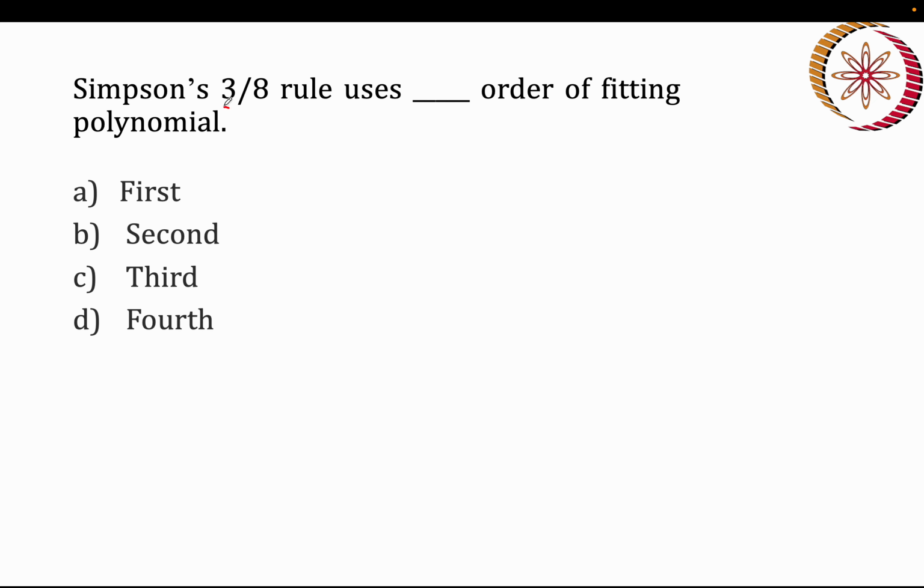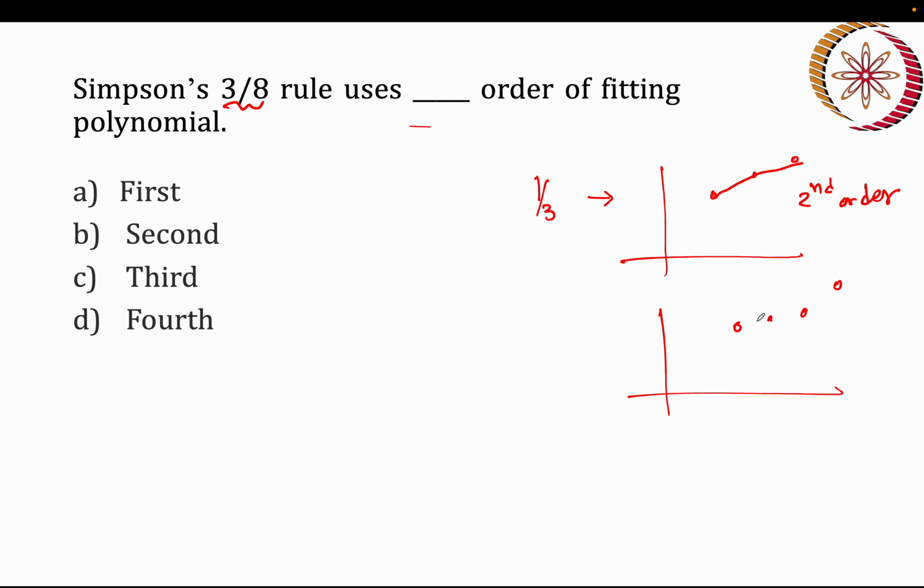Simpson's 3/8 rule uses dash order fitting of the polynomial. While deriving the one third rule, we saw that there were 3 points, so three constants, and a second order polynomial was used. If we go for further accuracy, one can use 4 points and approximate using a third order polynomial.